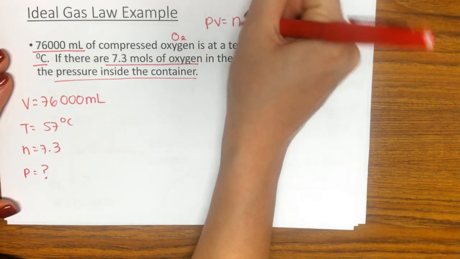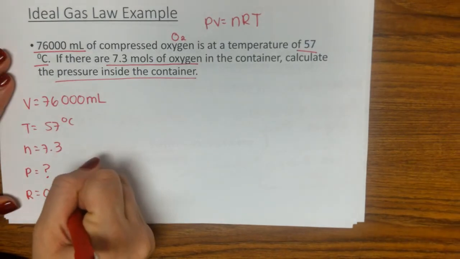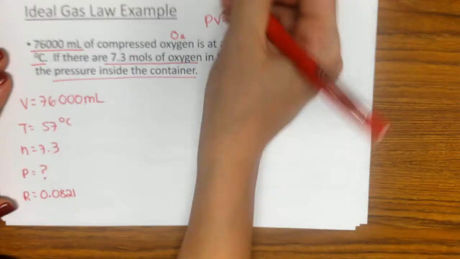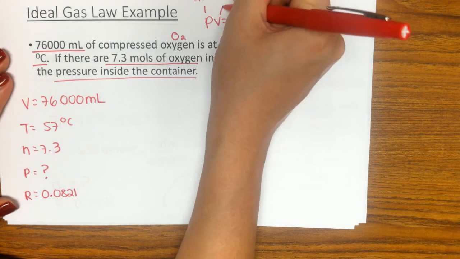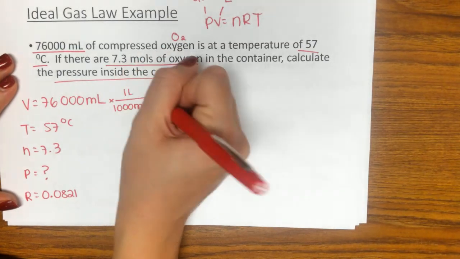PV equals nRT. I know R is a constant. It's always 0.0821. And then check your units. Pressure, well, I'm looking for pressure, but pressure is ATM. Volume is liters. Right now volume is in milliliters, so we need to change that. Divide it by 1,000 to make it into liters.